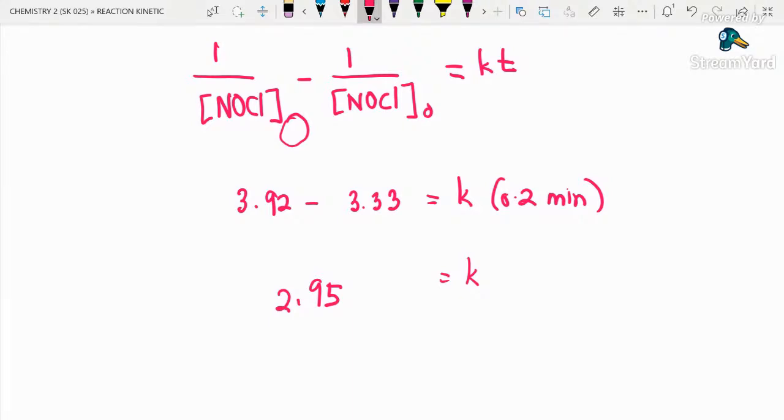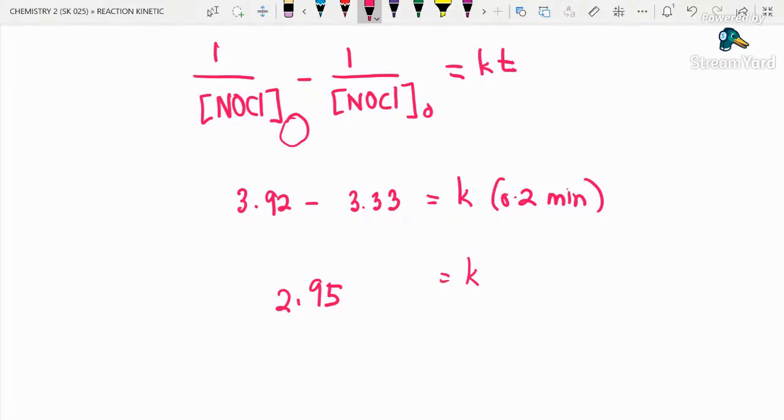Apakah unitnya? 0.588? Cuba ni 0.588 ke? Betul? Betul ke formula saya ni? 1/18 ni, Allah. Saya salah formula pula.